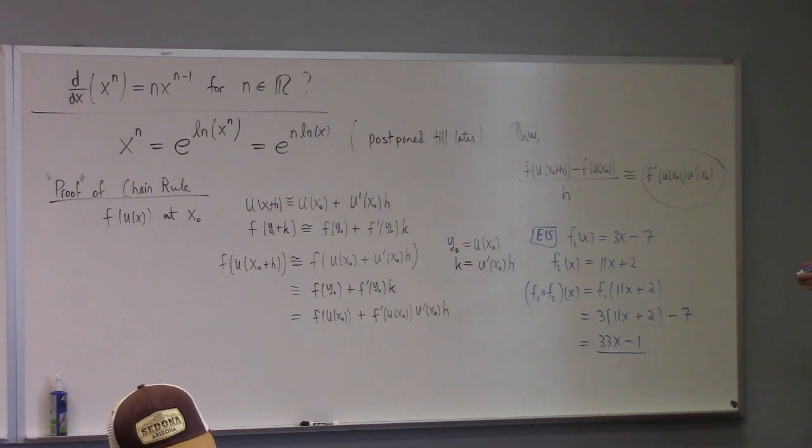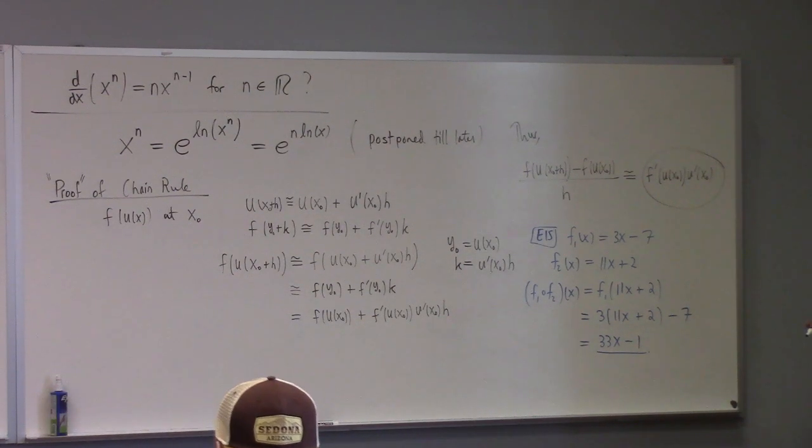This is not an accident. This is what the chain rule is all about. When you compose two functions, the tangent line of their composition has a slope which is simply the product of the slopes of the tangent lines which are composed. That's all the chain rule is saying. It's really just example 15 done locally.